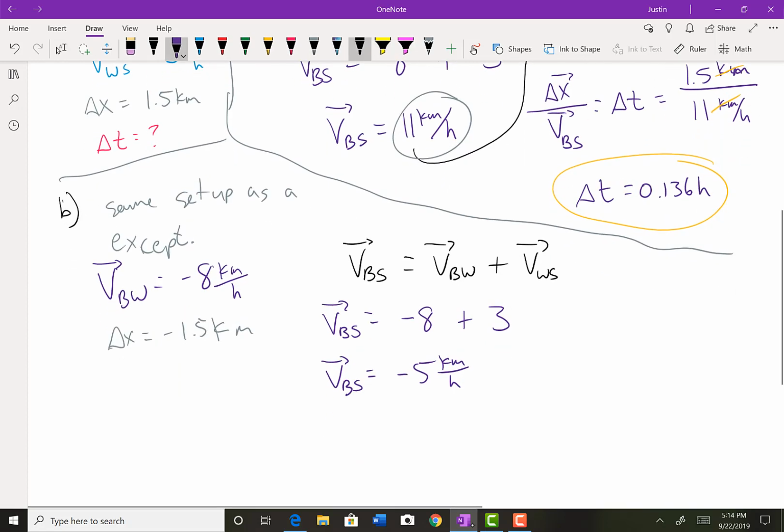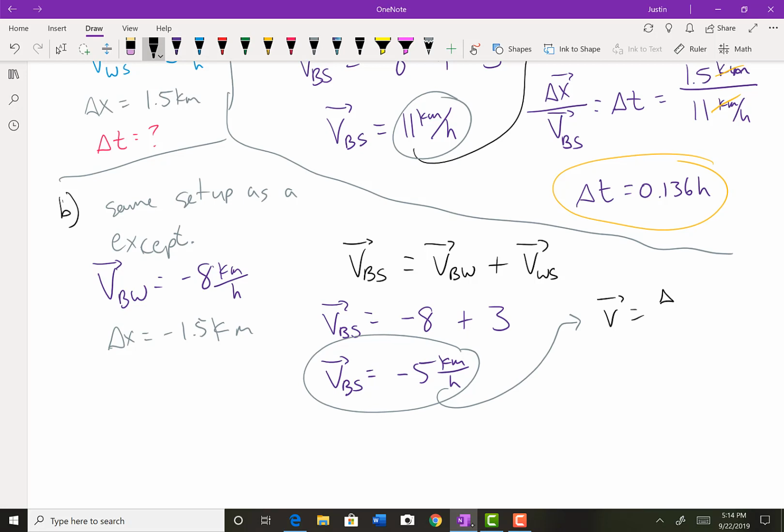And so again, taking that and using the definition of a velocity of anything is the displacement divided by the change in time. So that basically means that my change in time here is going to equal the displacement divided by the velocity. My displacement is -1.5 kilometers.